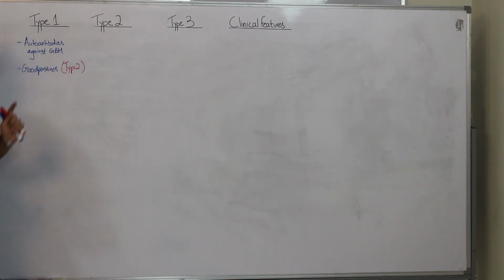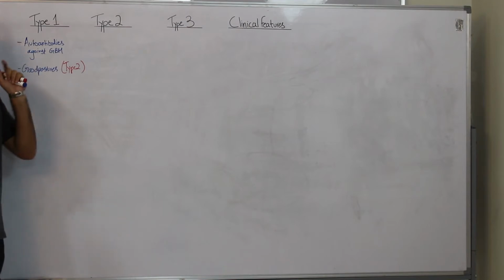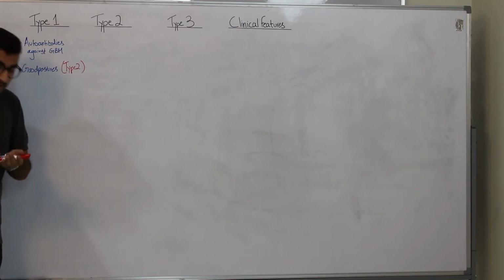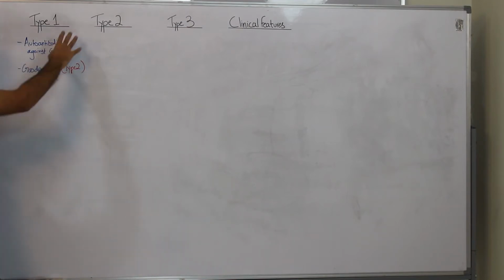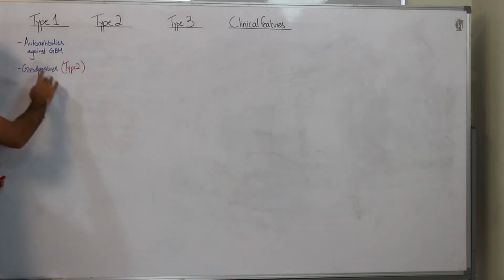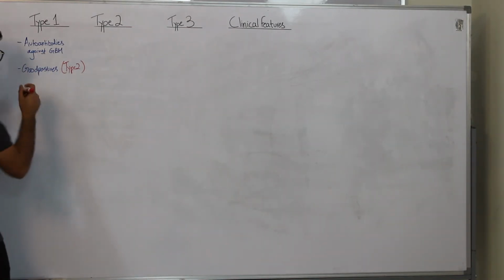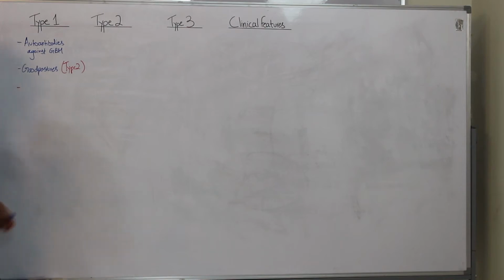Now the reason: what component is the autoantibody targeting? Be it just the basement membrane or both the lung parenchyma and the basement membrane, they both have one thing in common. What is that one thing in common? They basically have collagen type 4 in them.